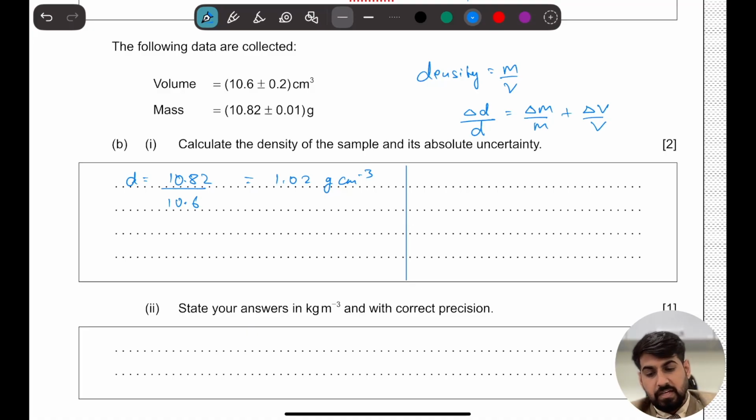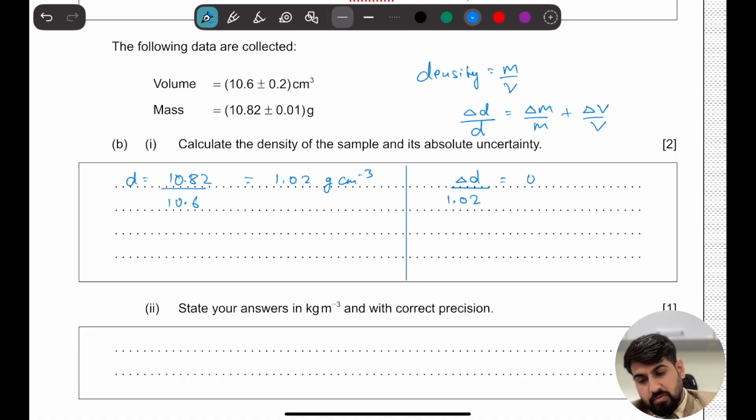Uncertainty is always added. So we apply this; delta D we need to find out, and small d we have already calculated as 1.020 something, so 1.02 you can take.